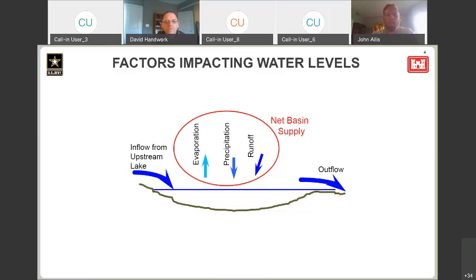But then we have this term called net basin supply, which is the sum of what Mother Nature is bringing into the lake. That's the amount of precipitation that falls directly on the lake surface, the amount of water that runs into the lake from the watershed around it, and then the amount of water that's leaving the lake through evaporation off the lake surface. When you put those together, we call that net basin supply, and that's an important term that is going to be the dominant driver of the water level fluctuations that we see.